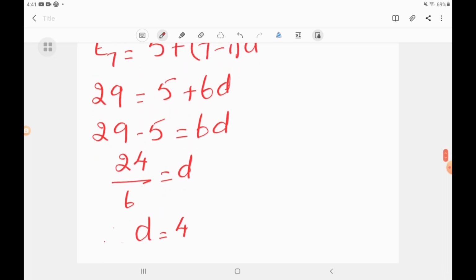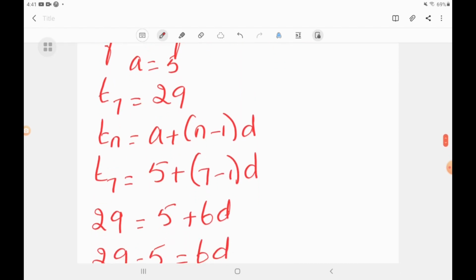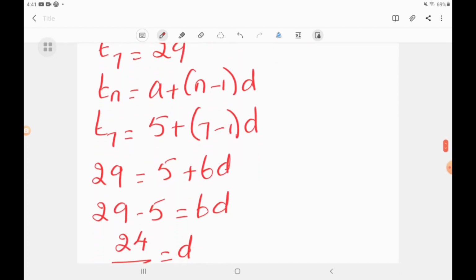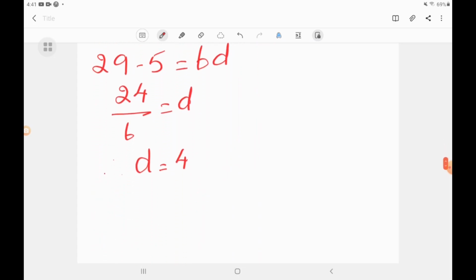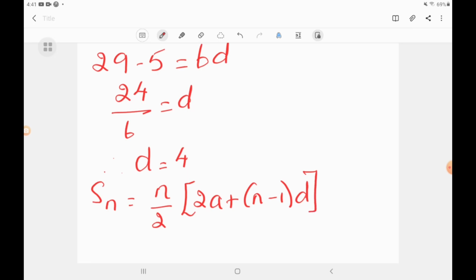So we have found the common difference. The first term is already given to you, and using the seventh term, we have found the common difference, which is 4 here. Now we will find the sum of the 10 terms using this formula, Sn is equal to n divided by 2 times (2a plus (n minus 1) times d).